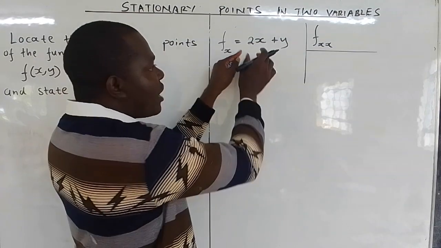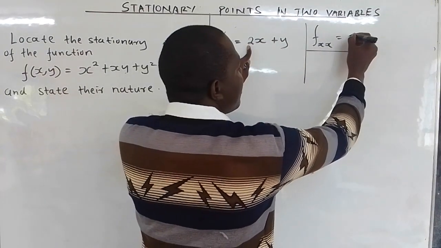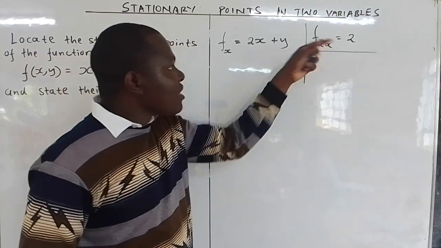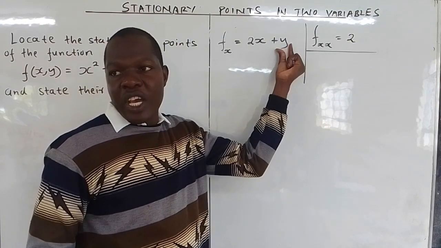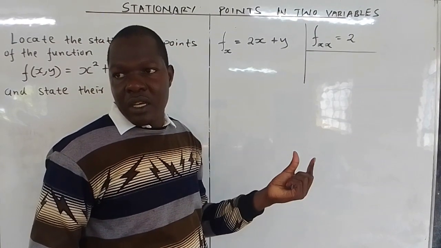So if you differentiate 2x, you remain with 2. Differentiating y gives 0, because y is treated as a constant. You are done with that.